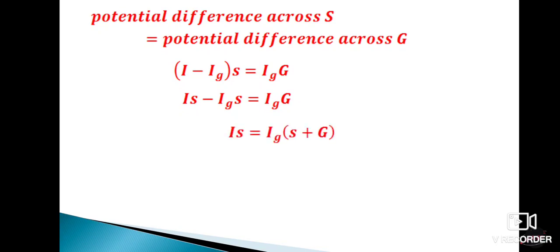Therefore, IS is equal to Ig, taking it common, times (S plus G). From this, the current Ig to get full scale current through the galvanometer is equal to S divided by (G plus S) into I, or we can write that Ig is directly proportional to I.